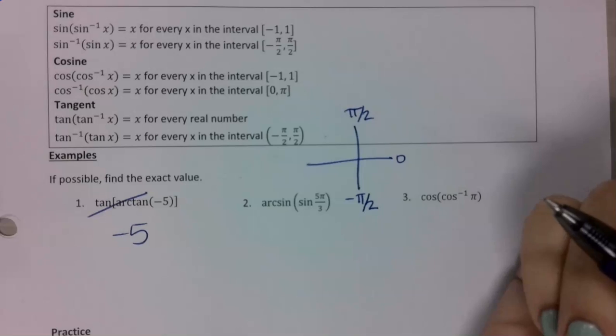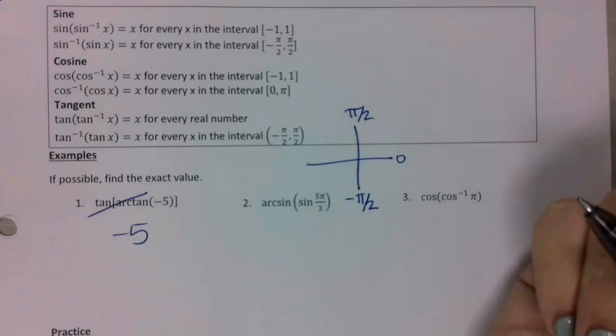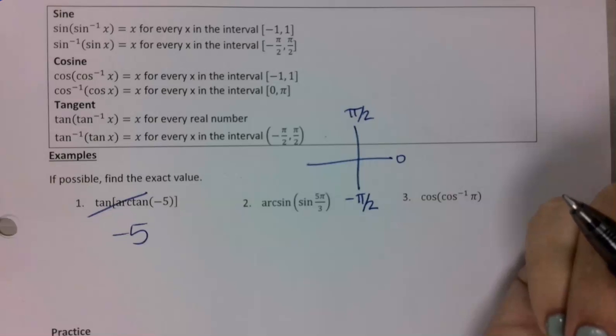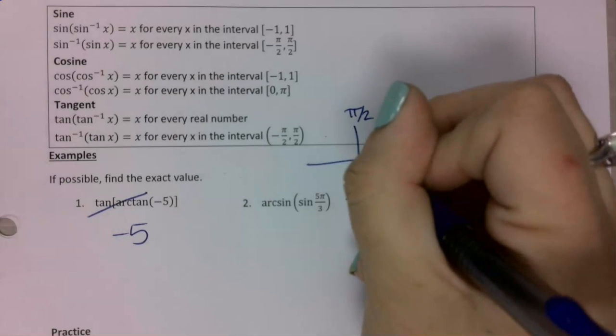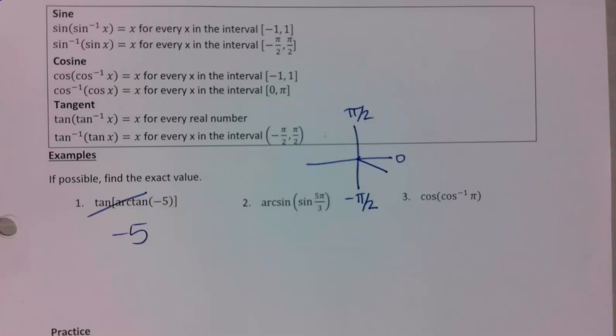What quadrant is 5pi/3 in? So it's actually in here. Is that where I care about for sine? Yes. So I just need to convert it to an angle that is negative. It goes in between these two.